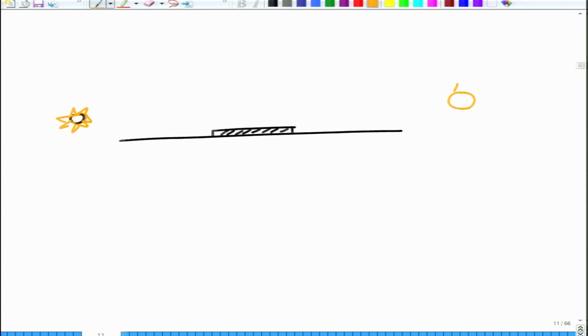So, it is coming in this direction, right, and then the sun goes through this direction, then the light is coming in this fashion.